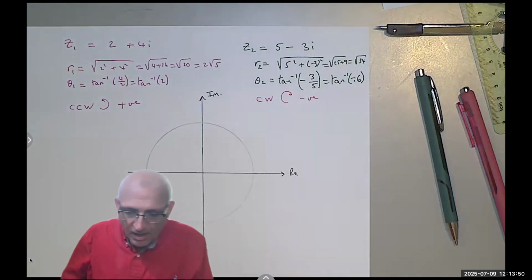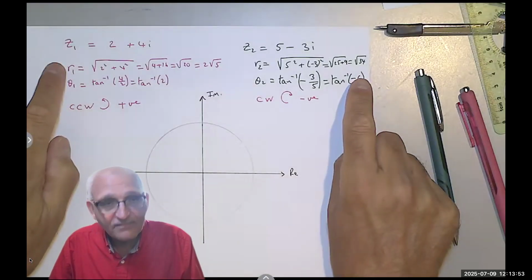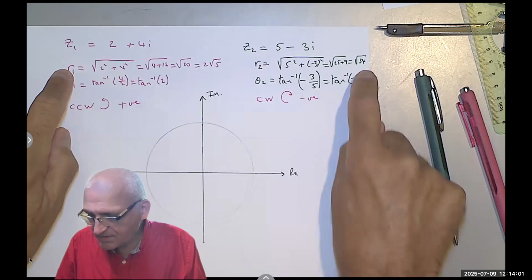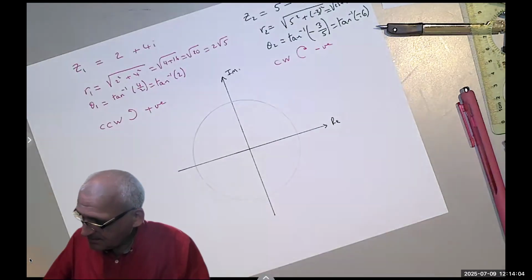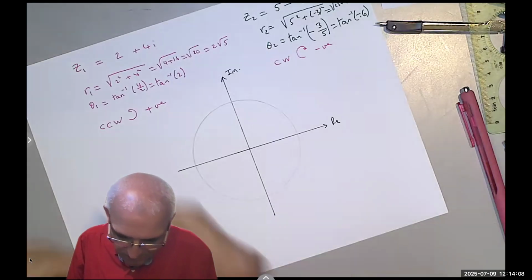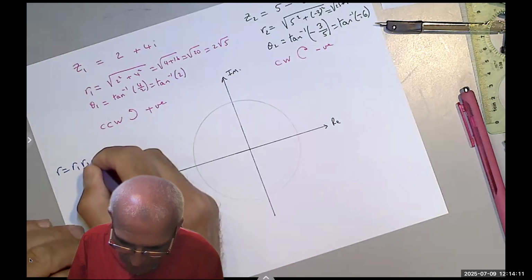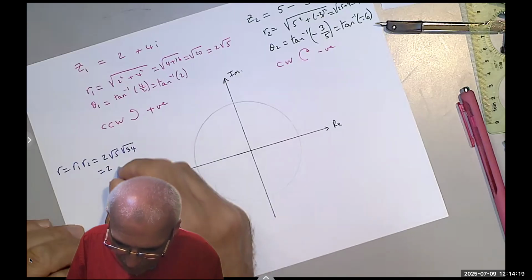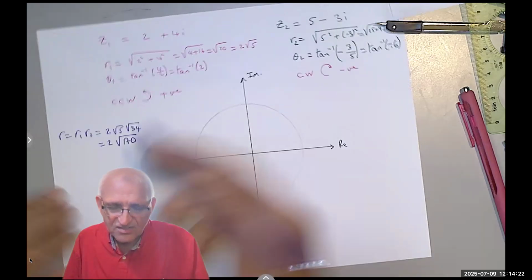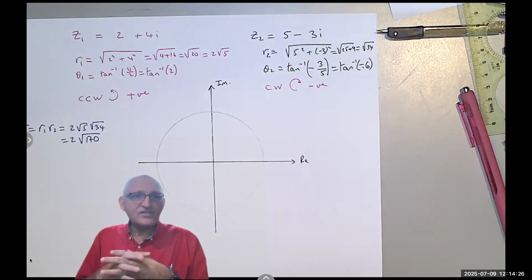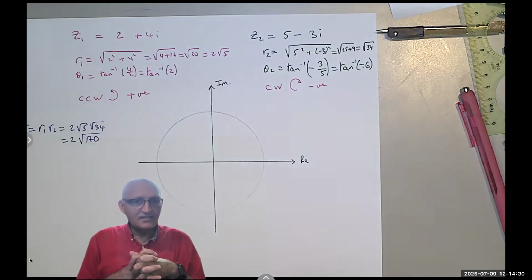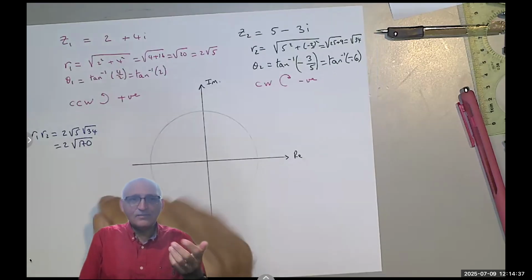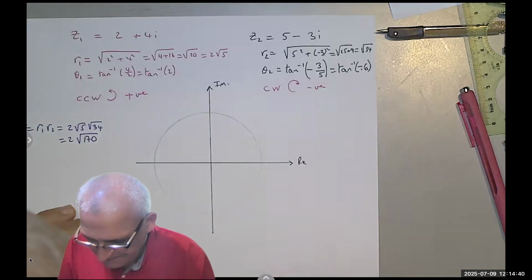If I look at the length of the new complex number, the argument would be R1 times R2, so R equals 2 root 5 times the square root of 34, which equals 2 root 170. 170 is roughly 13 squared, since the square root of 169 is 13, so the length is slightly more than 13 times 2, slightly more than 26.